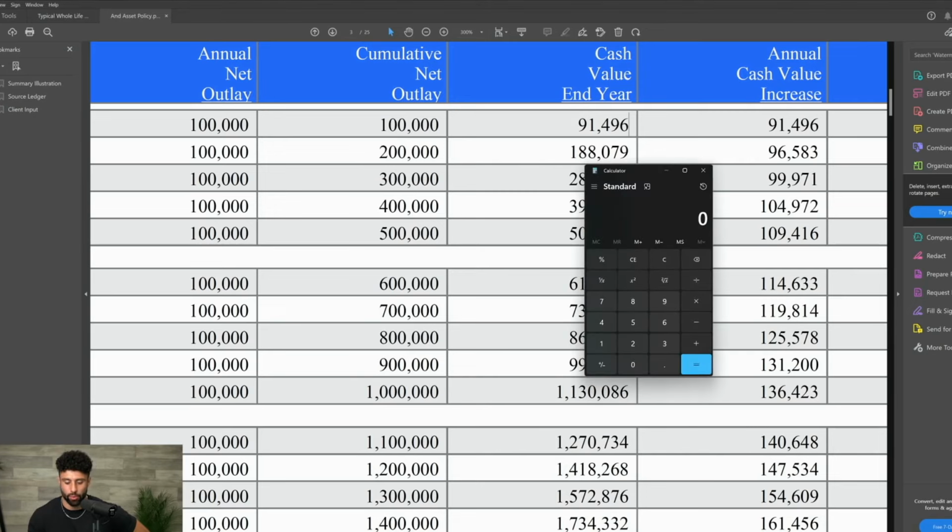So if I pull up a calculator here, 91,496, multiplied on the conservative side by 0.8, as in 80%, equals about $73,000 on the very conservative side that you put in 100,000 and can use and access for whatever you want: real estate, business opportunities.